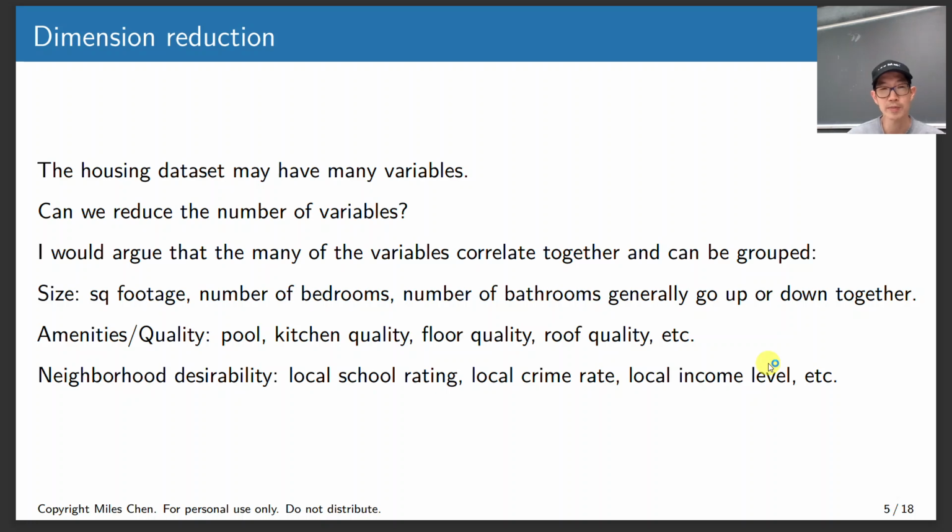And so you might have a whole bunch of these variables. In some cases, you end up having something like 70 variables.